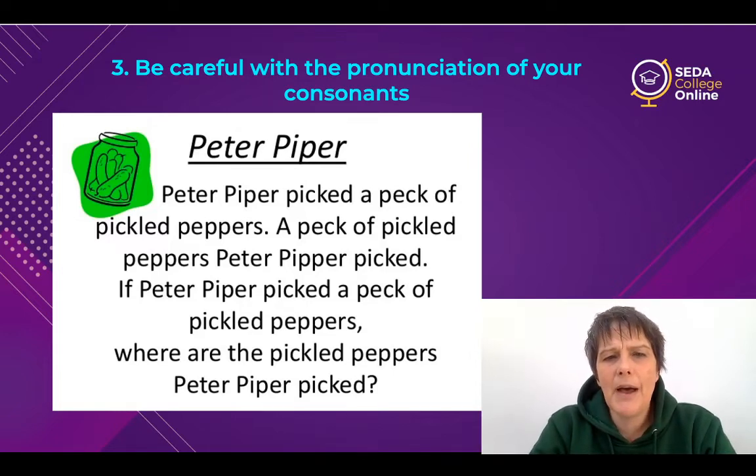So Peter Piper picked a peck of pickled peppers. A peck of pickled peppers Peter Piper picked. If Peter Piper picked a peck of pickled peppers, where are the pickled peppers Peter Piper picked?